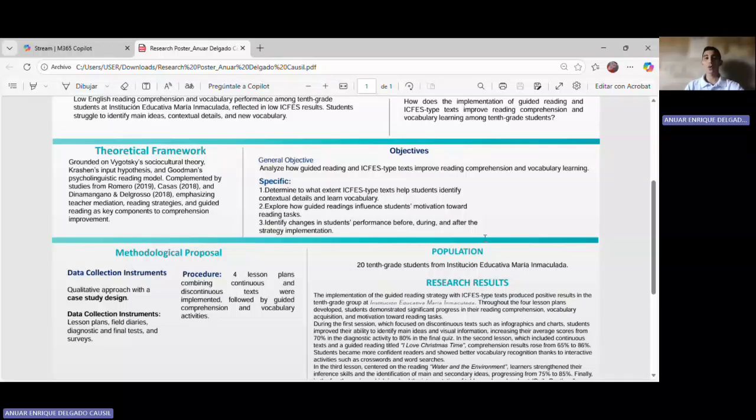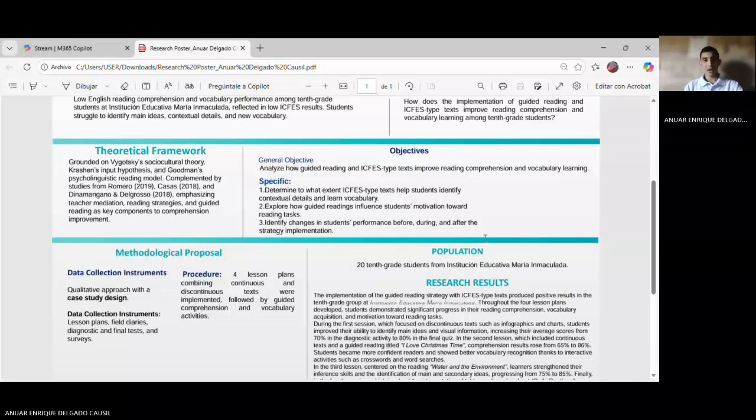Well, throughout the process, the students showed progressive improvement. For example, in lesson number one, the students went from 70% in the initial activity to 80% in the final evaluation.